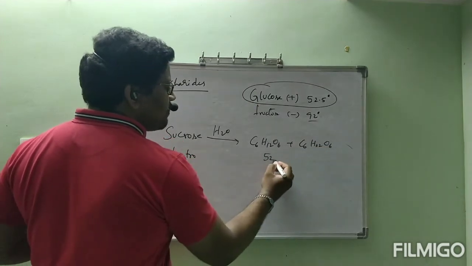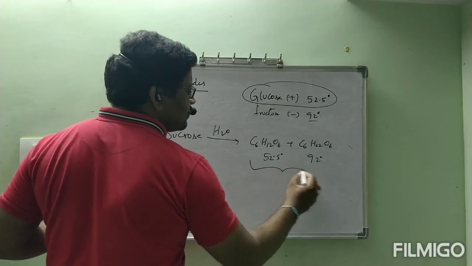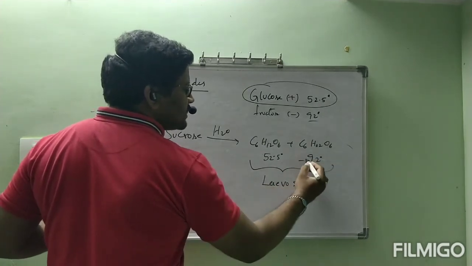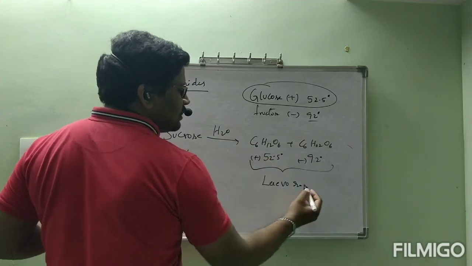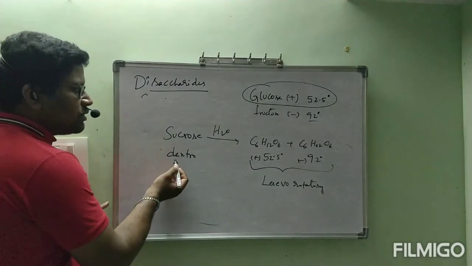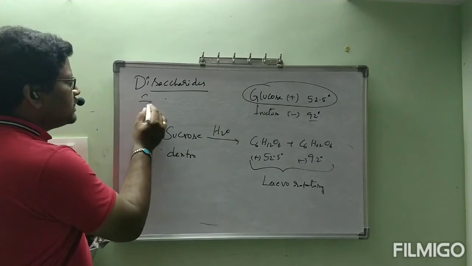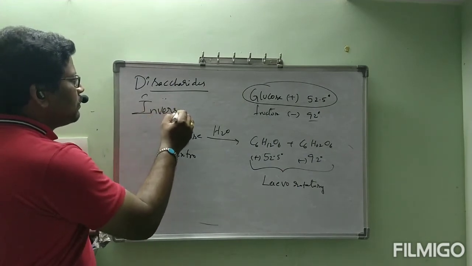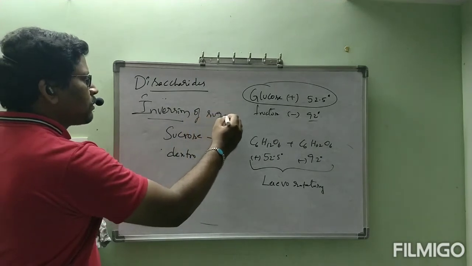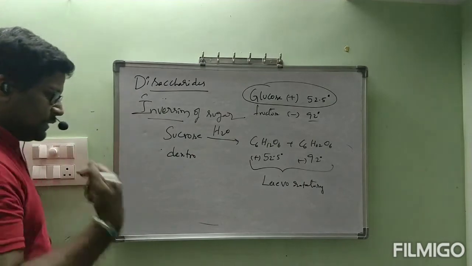This one is with 52.5 degrees, this one with 92 degrees. So the net resultant, this is minus, this is plus, is levorotatory. A dextrorotatory compound, after hydrolysis, becomes levorotatory. This is called inversion of sugar.